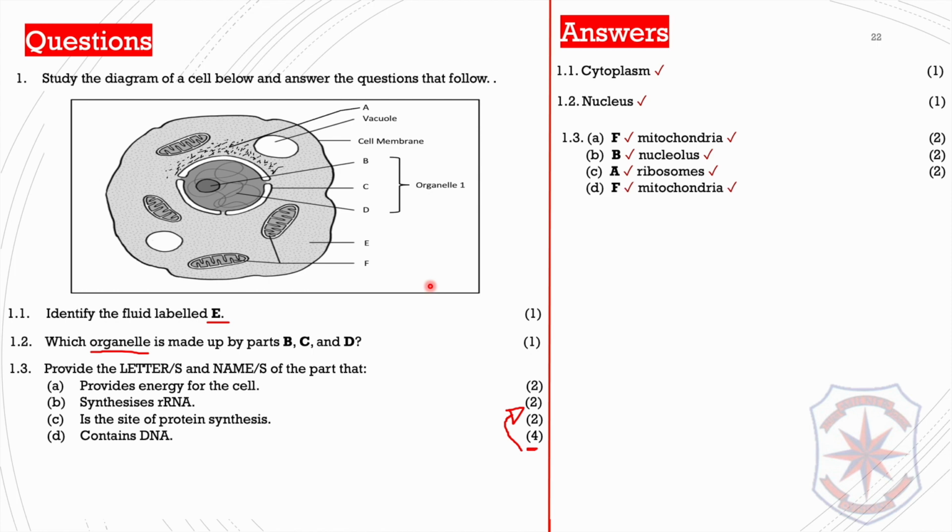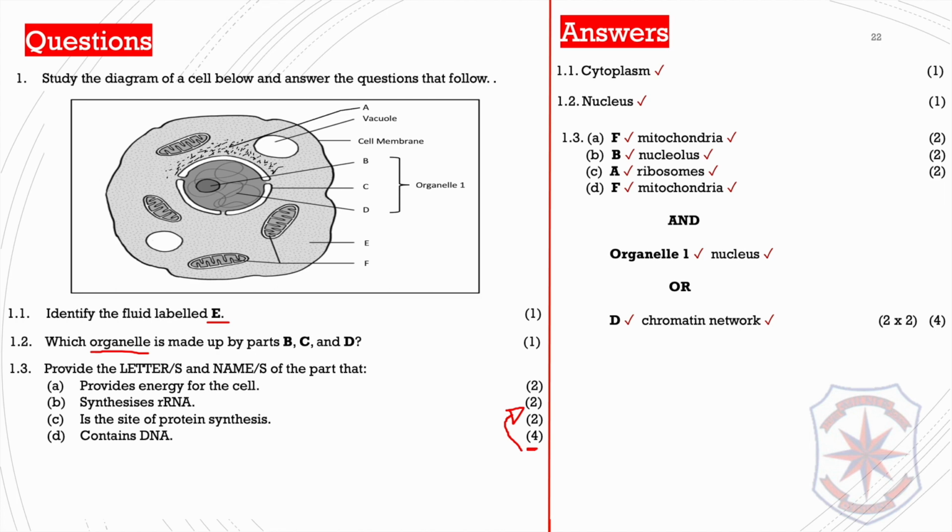Let us check. F, mitochondria, 1 mark, 1 mark. And in organelle 1, which is the nucleus. All right. Had the question said organelle, nucleus, organelle 1, and F, mitochondria, would be the only answer.